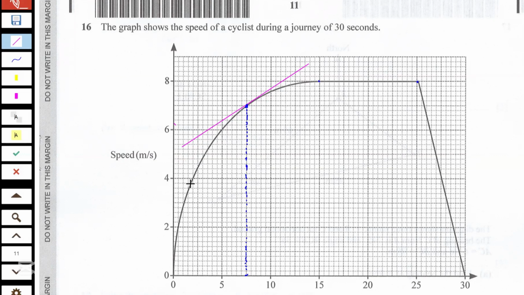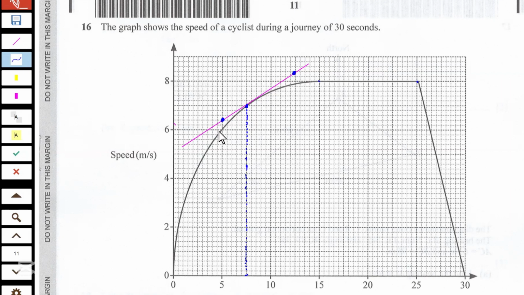To find the gradient, first we have to identify two points on the tangent. Let's select this as the first point and this one as the second point.